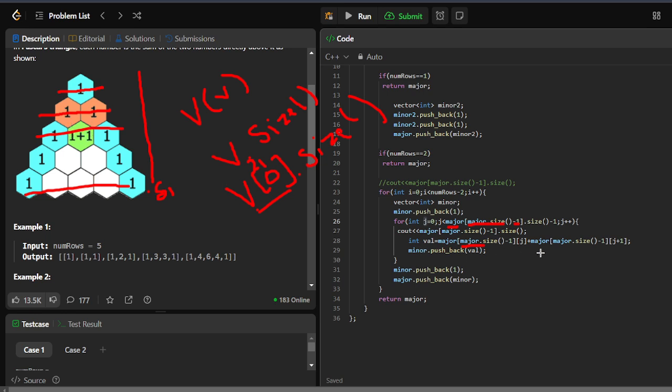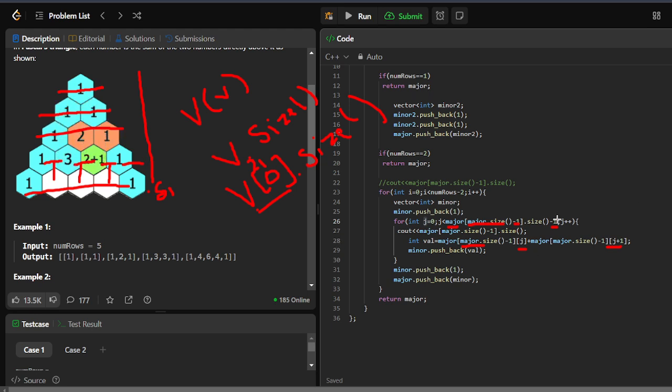And why do we subtract one? Because I am checking j and j plus one, two consecutive elements. The sum of these two elements is put in this place. We do not go beyond j plus one, otherwise we would go out of the array bound.